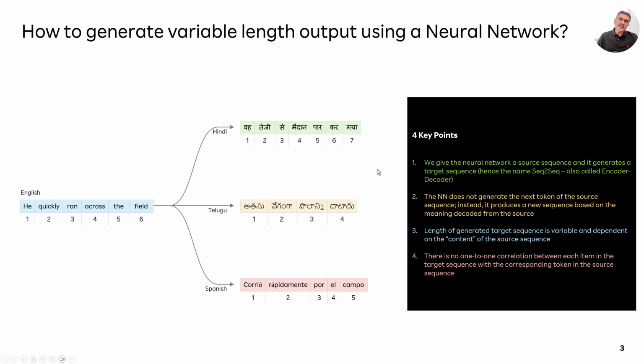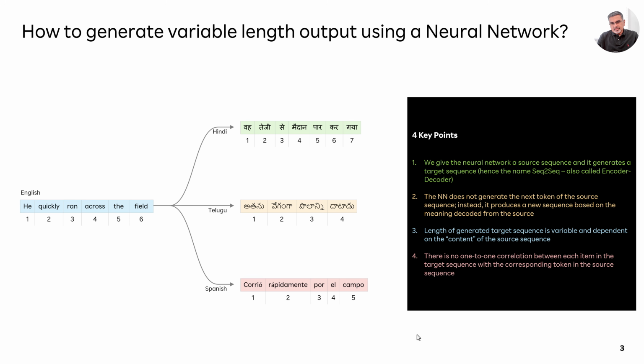Which means that this neural network architecture cannot just take a word in the source sentence and generate a corresponding word in the target language. We need an architecture that doesn't just convert word for word into the target language. It doesn't work that way because, as we see here, field is sixth in English and Maidan is fourth in Hindi. So what would that neural network architecture look like?